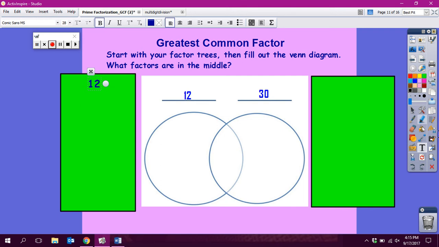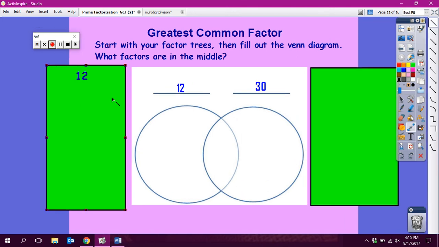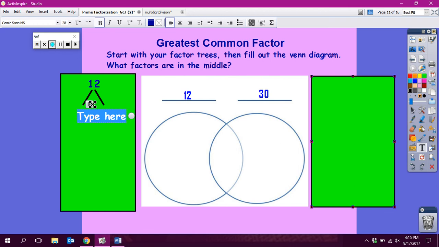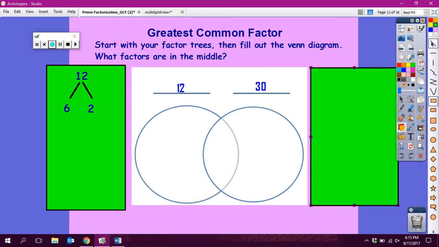I want to break that down into its prime factorization. So let's break it down. I want to use, let's say, 6 times 2. That's the multiplication fact I want to start with because I know that equals 12. And I also know that 2 is prime, so I'm going to put my circle around 2. But 6 is not prime, so I need to continue to break that 6 down.